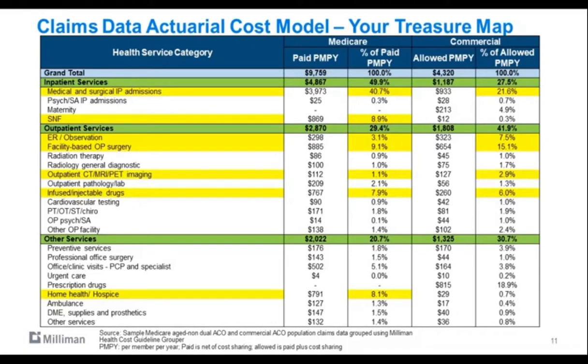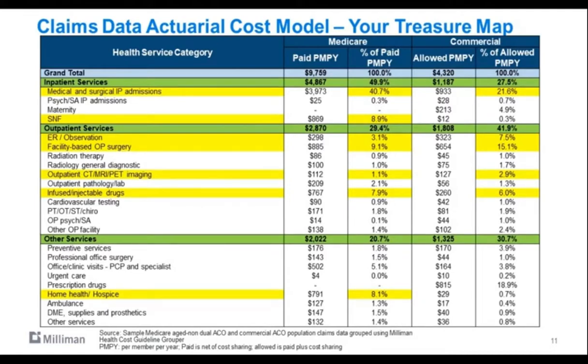So for Medicare, if we see in the very middle top column, the annual per member per year paid about $10,000, $9,759 per member per year is what a typical Medicare beneficiary spends as well, whereas the commercial, $4,320, that's allowed, that includes the cost sharing. The Medicare numbers here are paid, that's net of cost sharing. That's what's paid by Medicare to the providers.